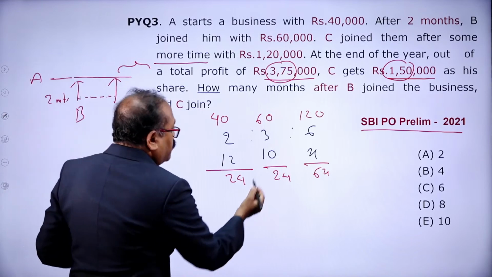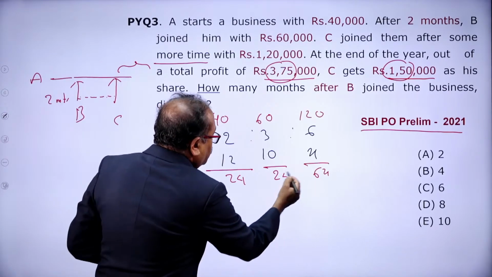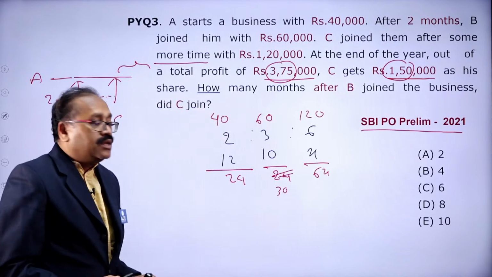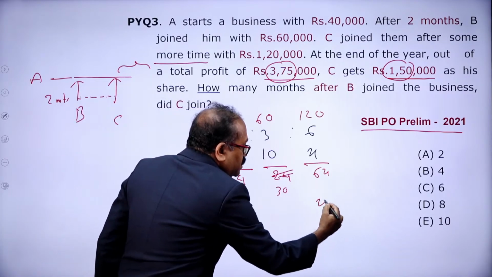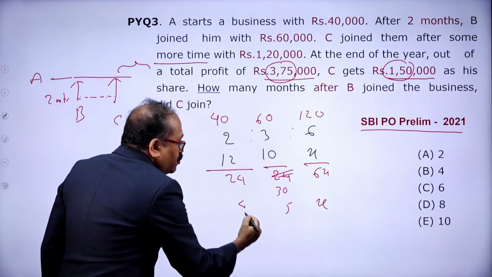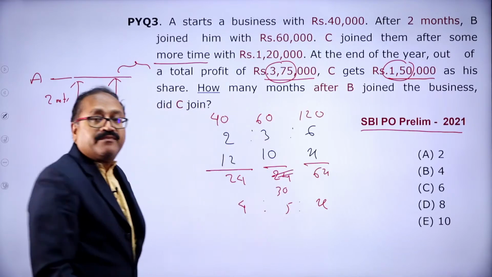Now we will find it out. This will be 30 and this is 6. So with 6 this gets cancelled. This will be x and this will be 5 and this will be 4. This is what the ratio is.